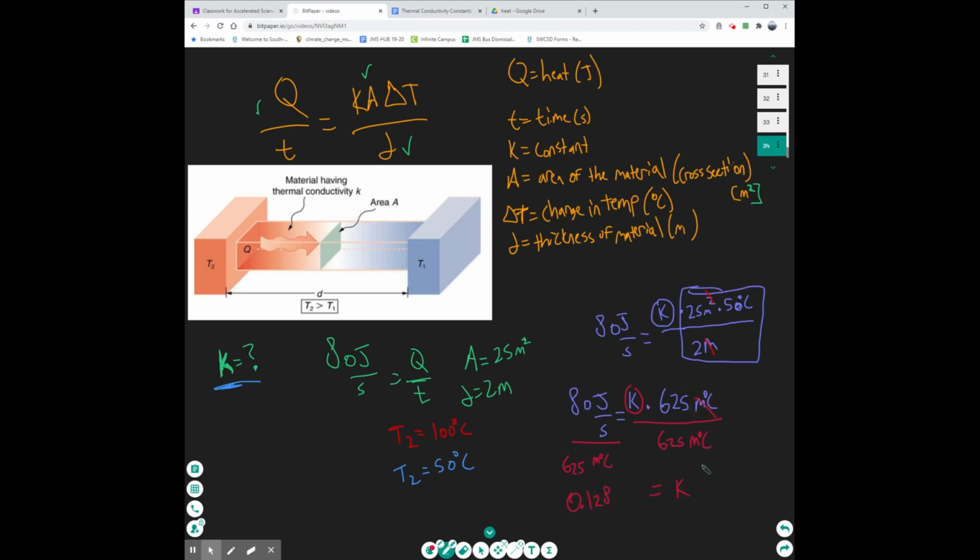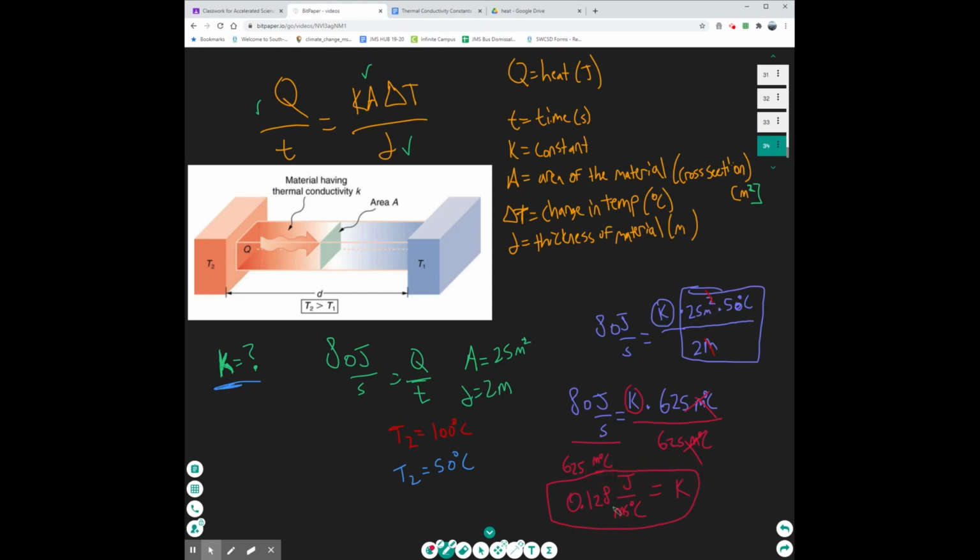Now, remember, we canceled these units out when we were using this the last time. So we've got joules per second divided by meters times Celsius. What we end up with is joules per meter second degree Celsius, and that's our unit for K. Pretty weird, right? It's the only way for the math to make sense.